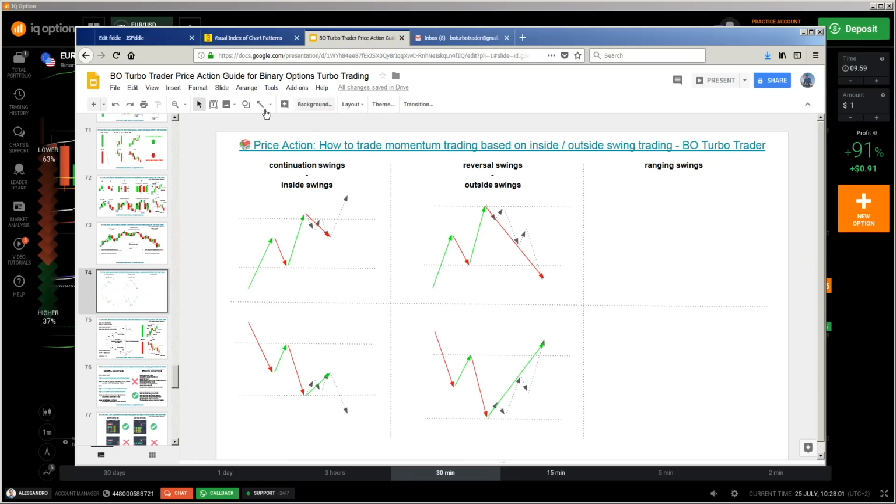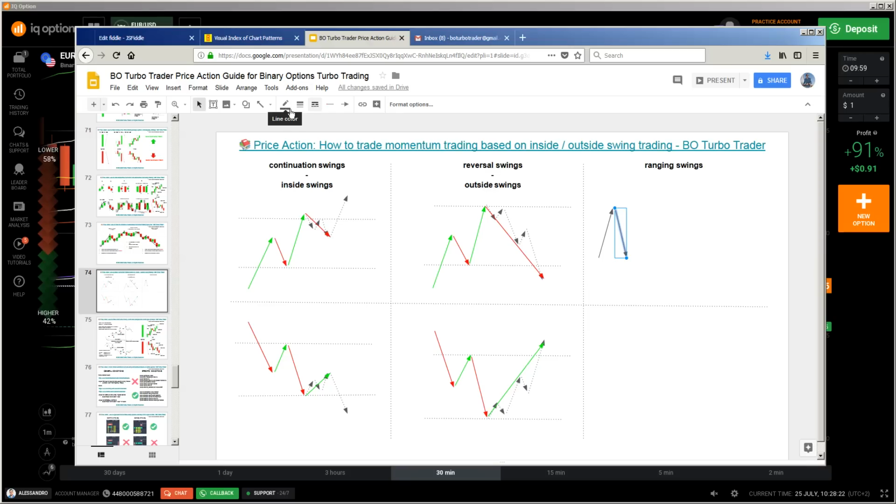And the last one is what happens in the ranging market, and there could also be two. We have no trend, so we also have no impulse swing and no corrective swing. It's almost the same, closely at the same level.